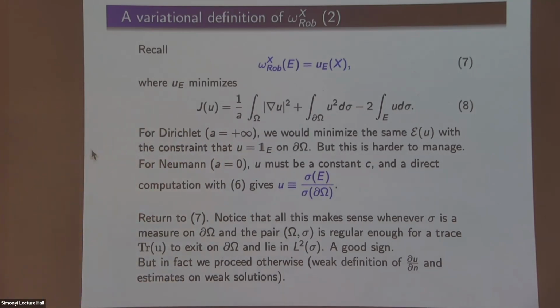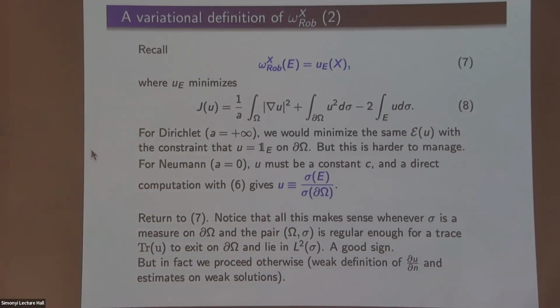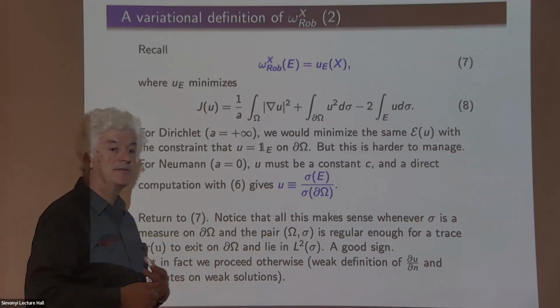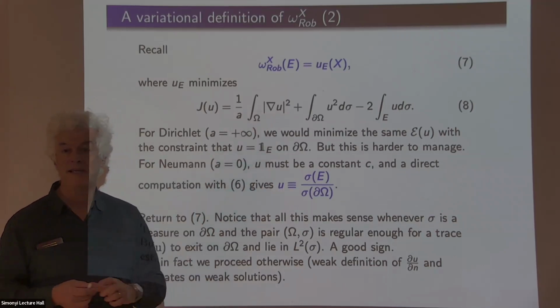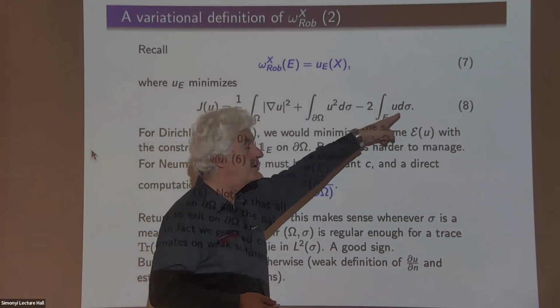I'll answer your question and try to move ahead at the same time. For a moment, I've been playing games pretending that my domain is smooth, but I will not be interested in smooth domains. I will be interested in non-smooth domains and ugly domains. One thing that shows up in all this story is that when you have a function which has finite energy like here, it has boundary values on d omega, so it has traces on d omega, and those traces are in L2, and you can start discussing things, and in particular, writing down those numbers.